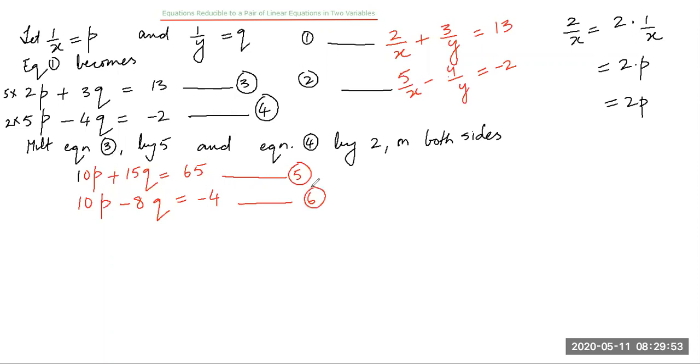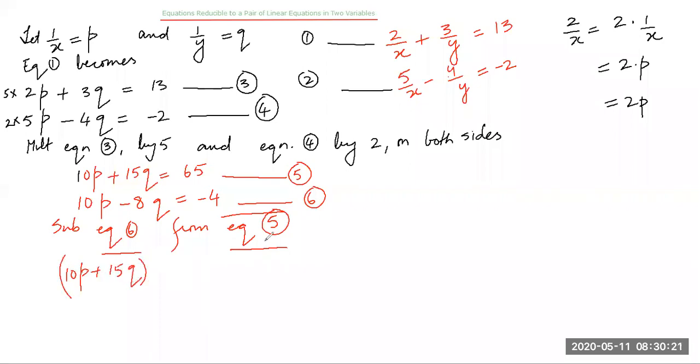All right, guys. Now you can subtract any one from the other. So I can write, subtract equation 6 from equation 5. Now guys, it's very important. If you want to subtract this equation from this equation, from equation 5 left side you should write first. So it is 10p plus 15q. From this, from equation 5, you must subtract the sixth equation.